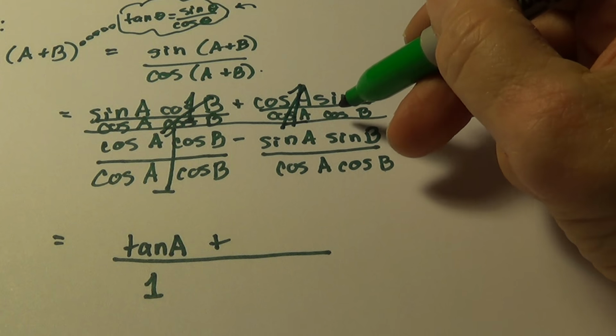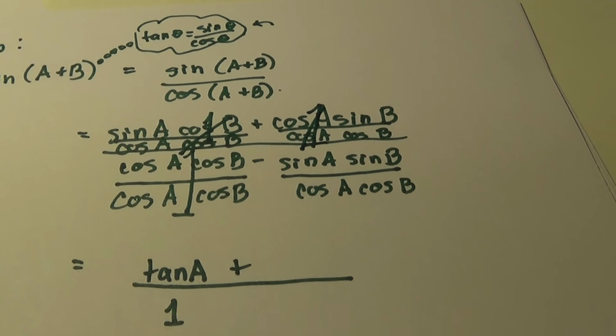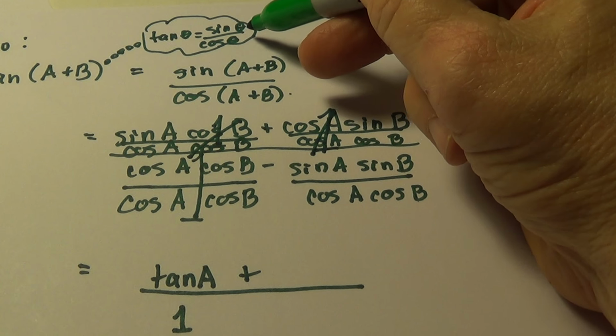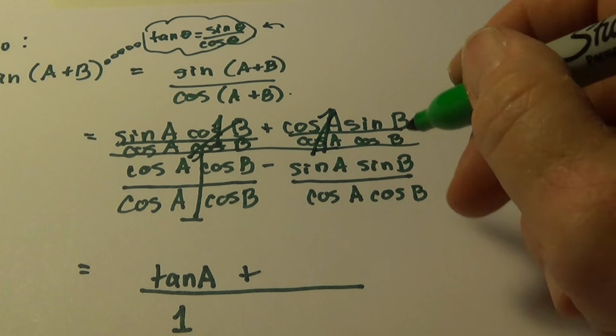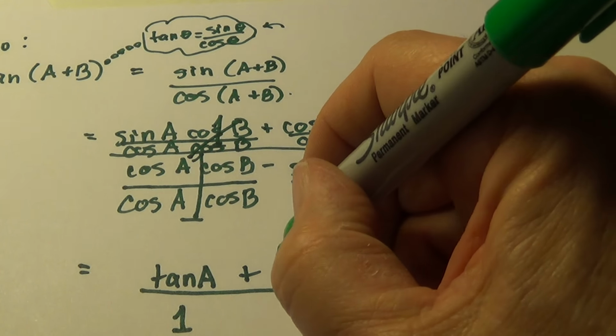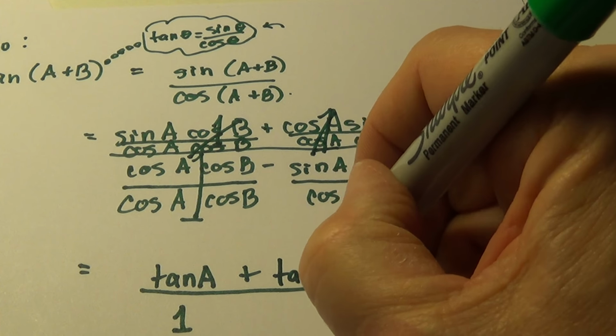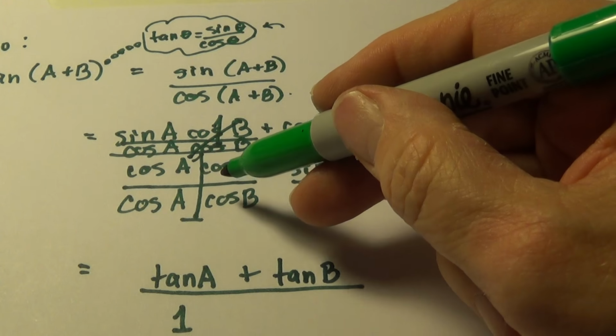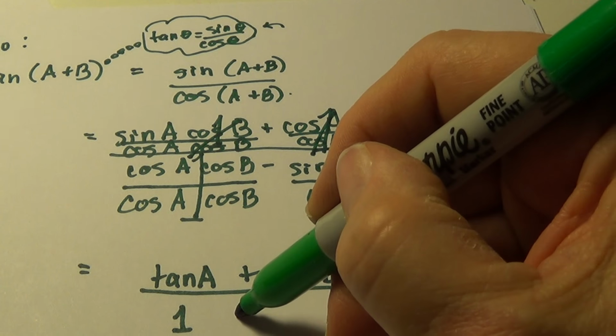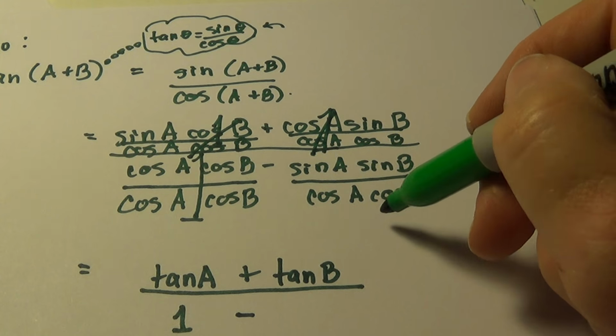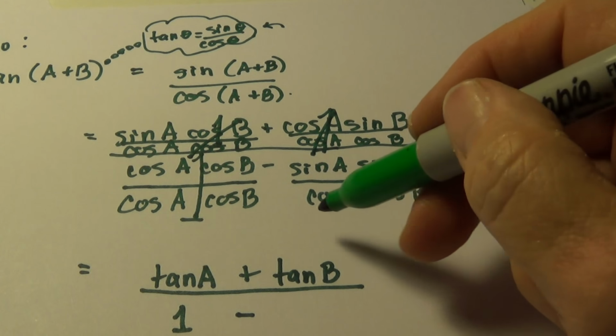But what's sine B over cosine B? Looking at the thoughts of great ones, again we note that that is tangent B. And I already took care of the 1 minus right there. Now nothing seems to simplify here.